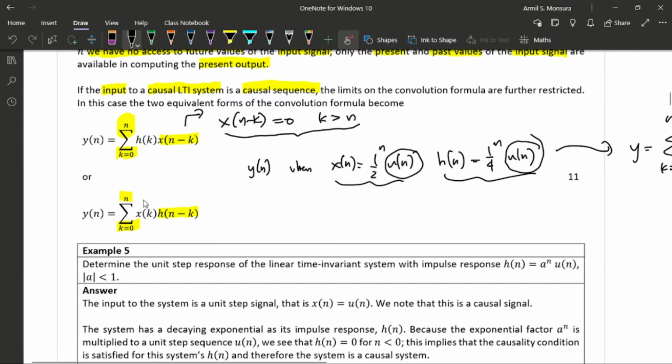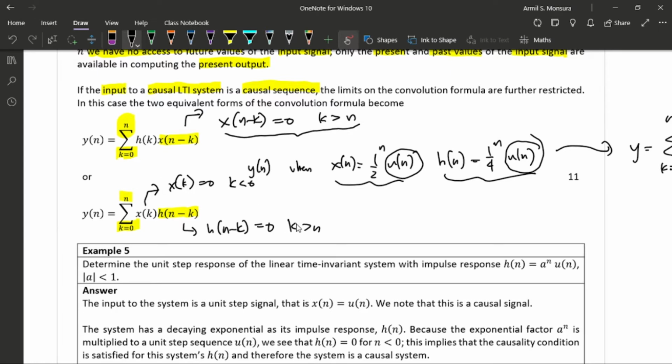Your x[k] becomes 0 for negative k, so that the lower limit becomes 0, while h[n minus k] is 0 for k greater than n, so the upper limit becomes n.